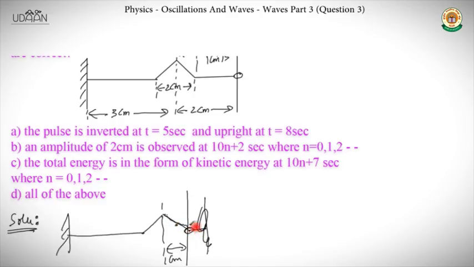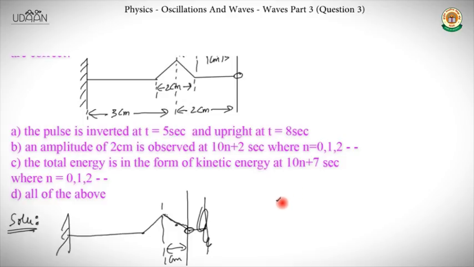Since the open end doesn't absorb any energy, the whole wave will be completely reflected inwards without any phase change. So after 1 second there will be an incident wave and also a reflected wave. The reflected wave is the same as the incident wave but with opposite velocity. So both the amplitudes add up, by the principle of superposition.